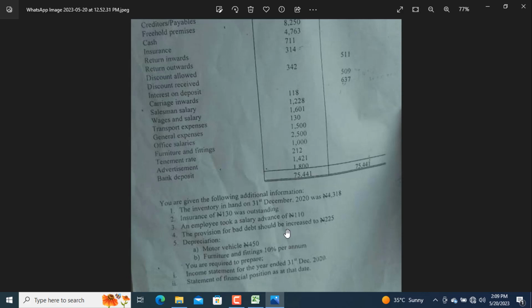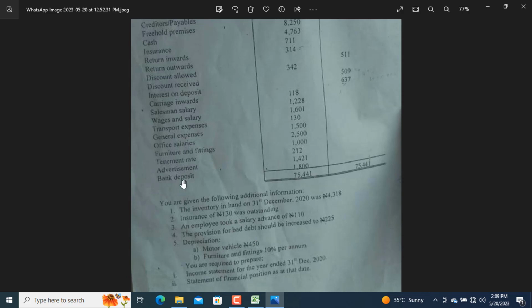So what are the accounts that we are going to deal with? Insurance and advance salary and provision for bad debts, depreciation.